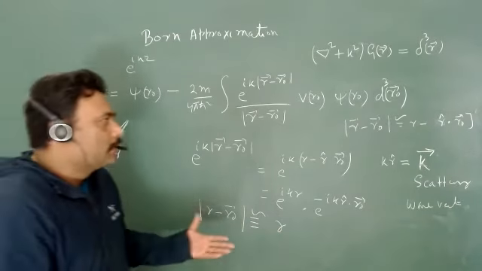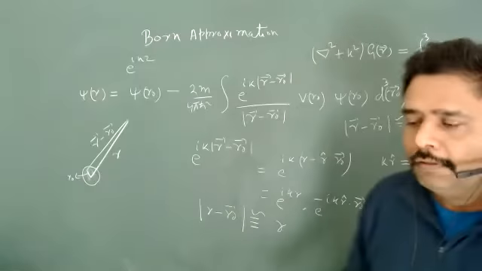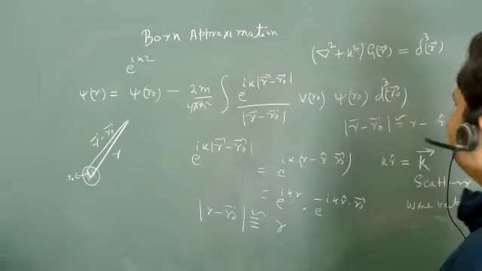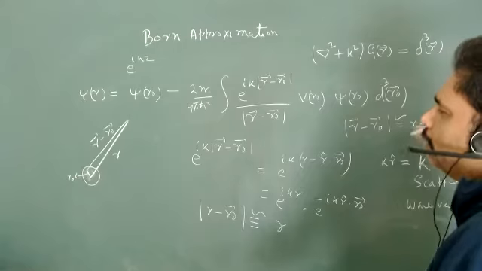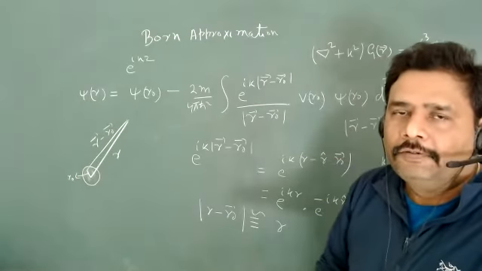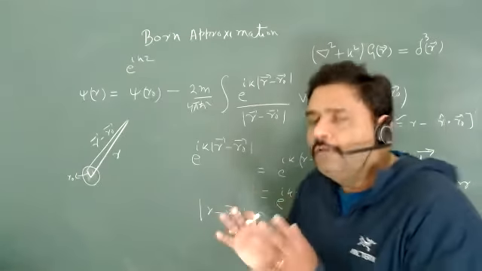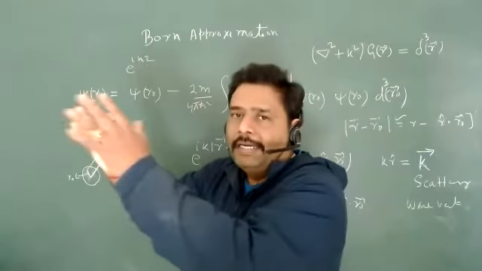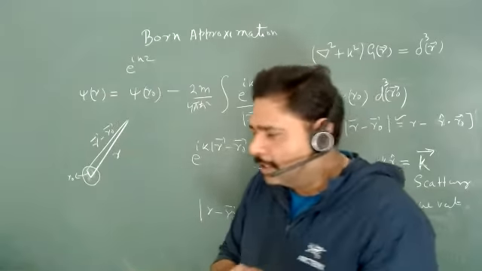Obviously your question should be, sir, why are you not taking this much also? Because this is not actually needed. If I take this one, it will not alter the solution sufficiently, and it will again make things very complex. And we also know that my scattered wave is something like e to the power i kr by r. Are you getting my point?